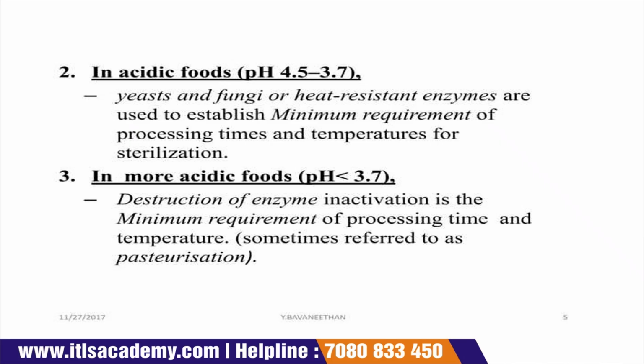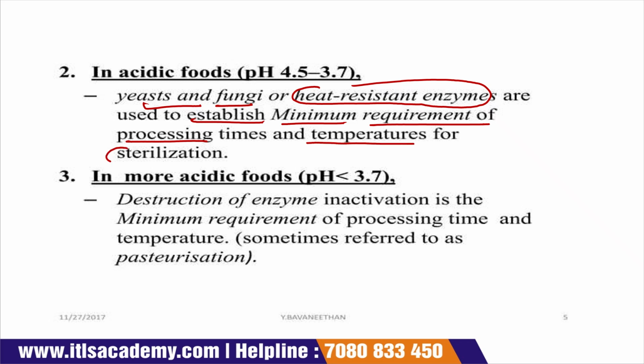Then if we talk about acidic food, in which the pH ranges between 4.5 and 3.7, heat resistant yeast and fungi, or even heat resistant enzymes, are used to establish the minimum requirement of processing time and temperature for the sterilization of the food product.